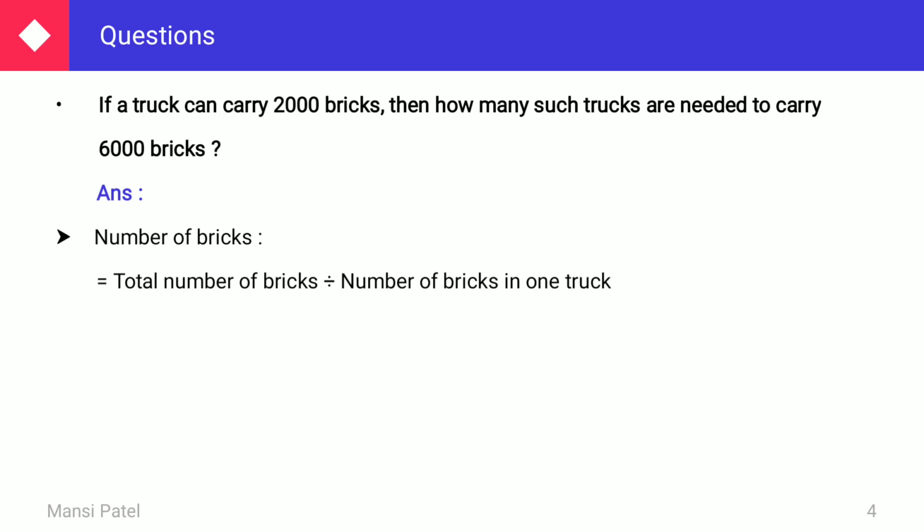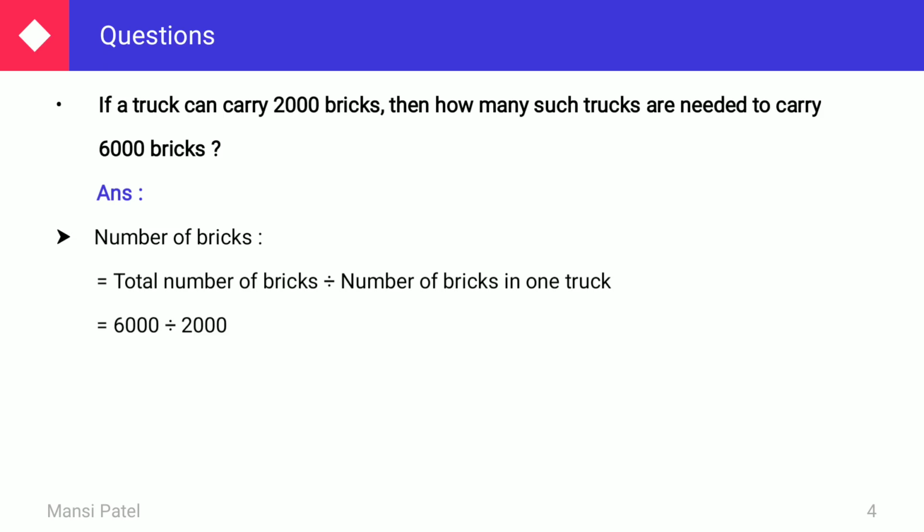Is equal to, we can say, the total number of bricks. How many total bricks? 6000 bricks are there. So 6000 divided by the number of bricks in one truck. How many bricks in one truck? In one truck there are 2000 bricks. So just do the division.